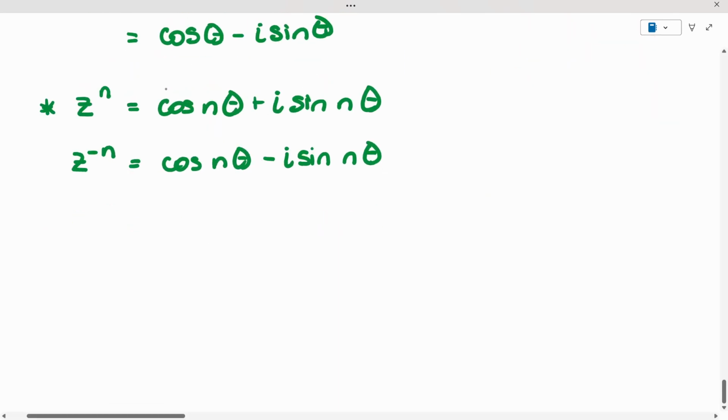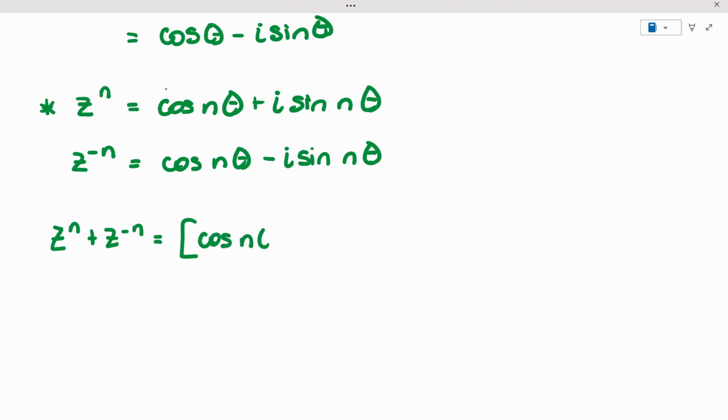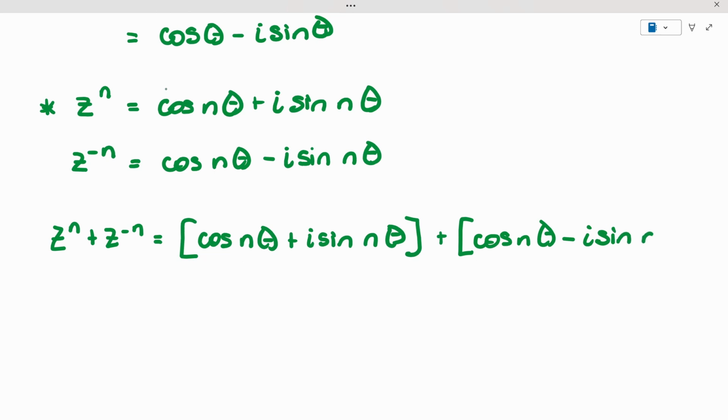So if we add these two, z to the n plus z to the minus n, we get cos n theta plus i sine n theta plus cos n theta minus i sine n theta. Right, so the i sine n thetas will cancel off and we get 2 cos n theta.